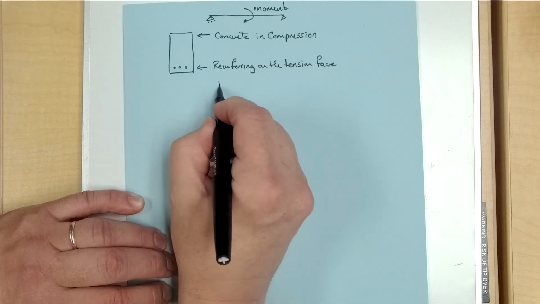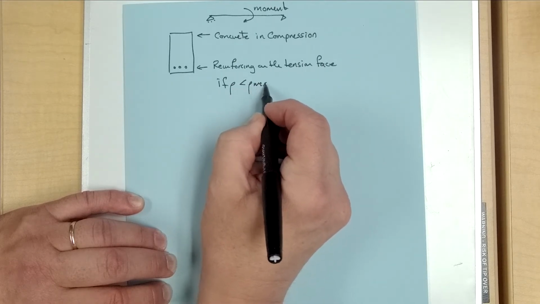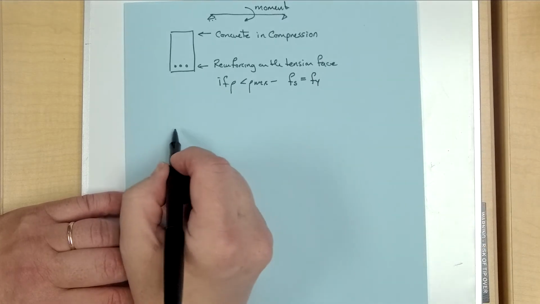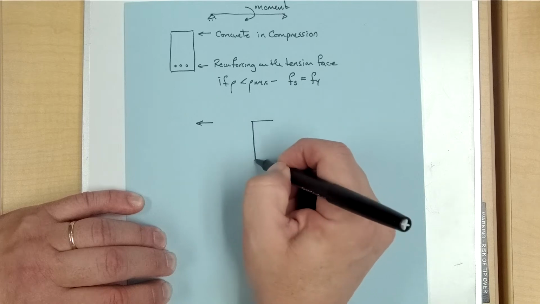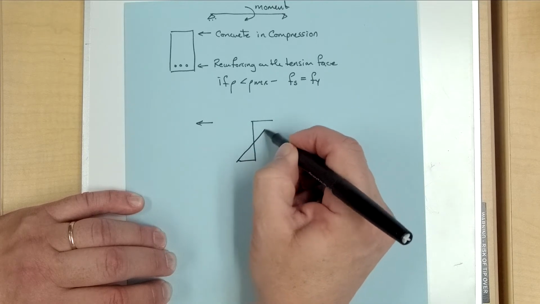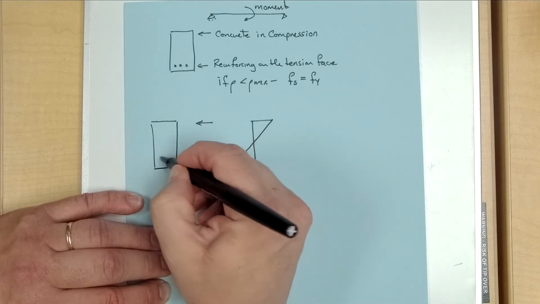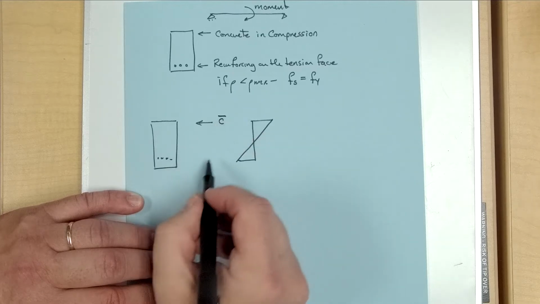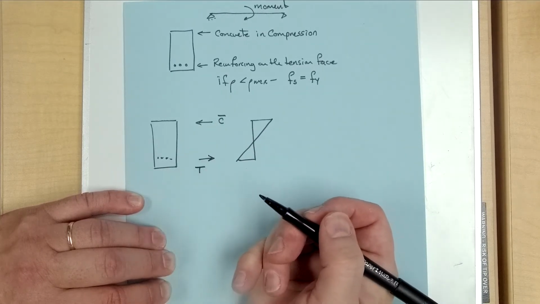And if rho is less than rho max, then we know that the stress in the steel is equal to the yield stress. And so we have a condition in this beam where we have a compressive force in the concrete, we have a tension force in the steel.